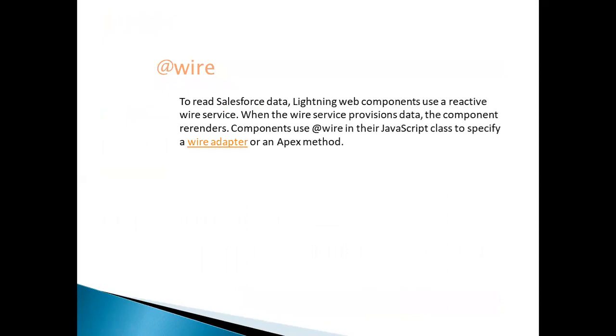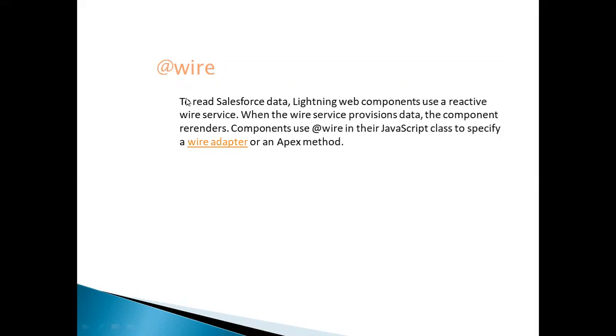And then we have another one, the @wire property. @wire is basically used when we are calling an Apex method, or when we are working with data from Salesforce with the wire service. At that time we use @wire to read Salesforce data. Lightning Web Components use a reactive wire service, and when the wire service provisions data, the component re-renders.